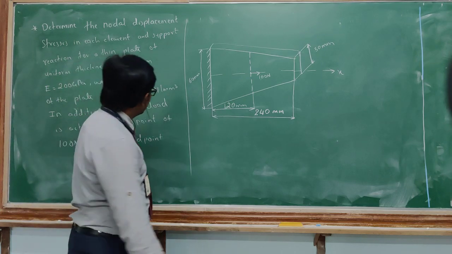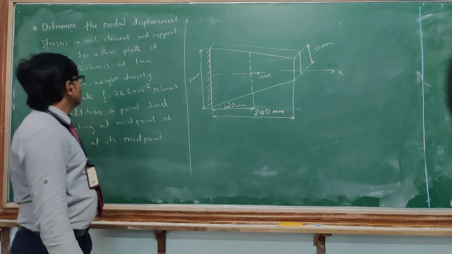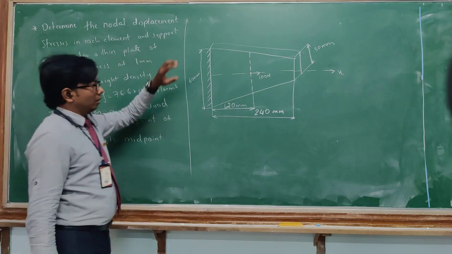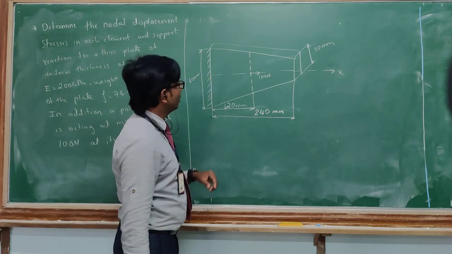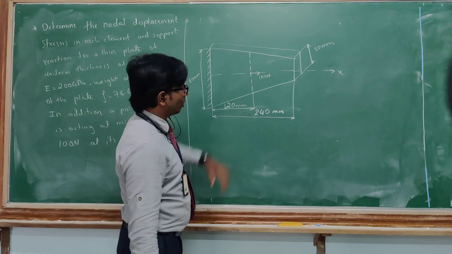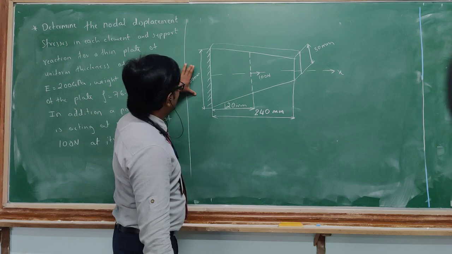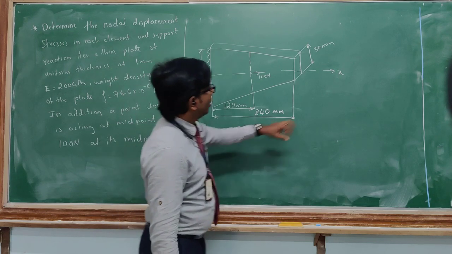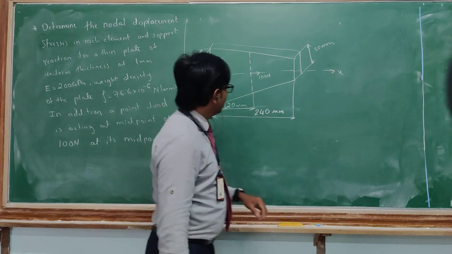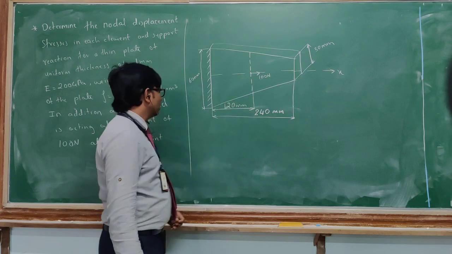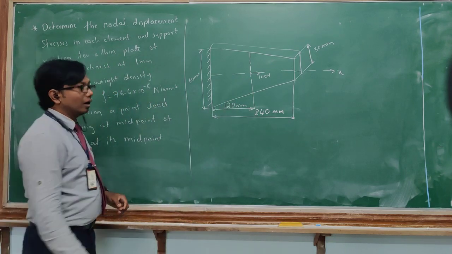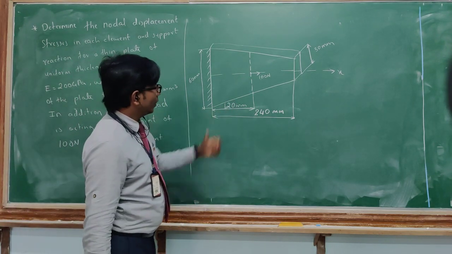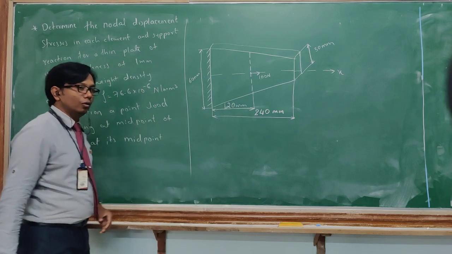In this particular problem, we have a part of a bar which is tapered in its cross section. The maximum width is 600 and the minimum is 300, and at the center the load of 100 Newton is being applied, which is 120 from its origin.